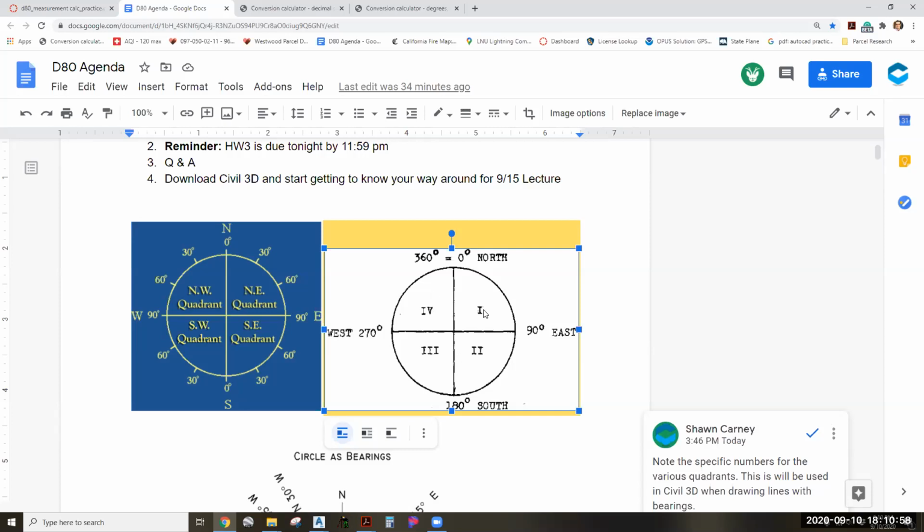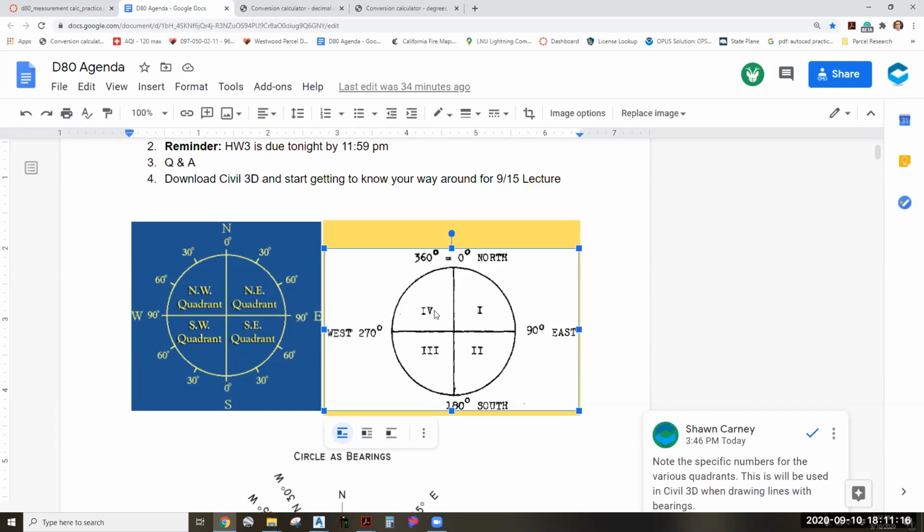So the first quadrant, quadrant 1, is always the northeast quadrant. Quadrant 2 is always the southeast. Quadrant 3 is always the southwest. And quadrant 4 is always the northwest.